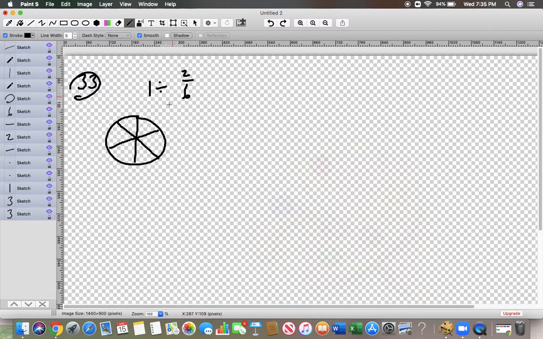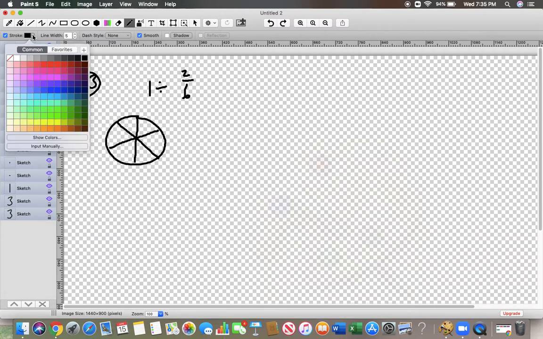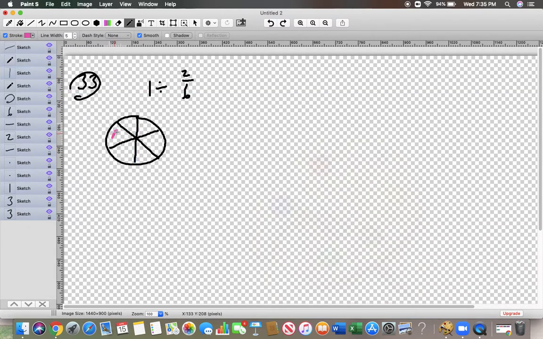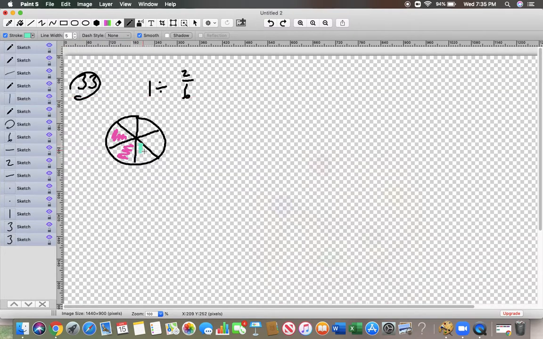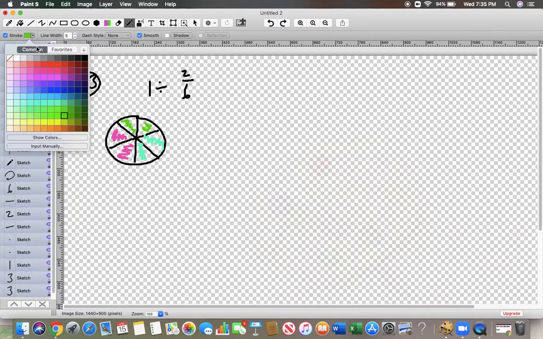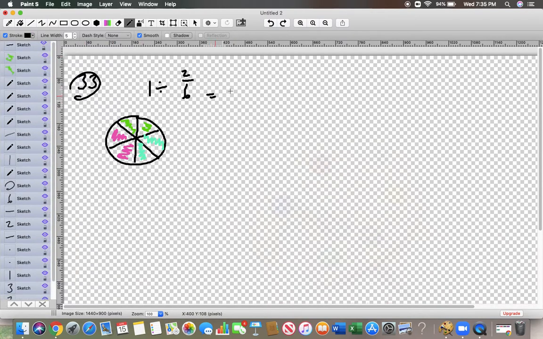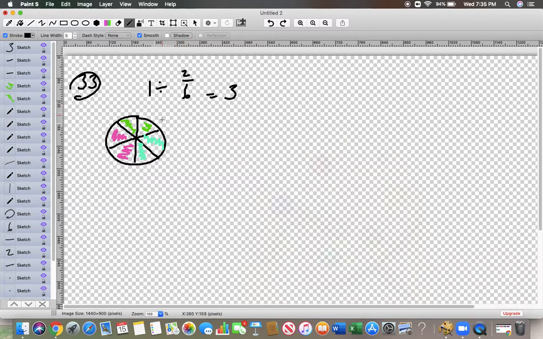So how many sets of 2/6 are in one whole? There's one set of 2/6. Here's another set of 2/6, and then lastly I've got another set. So how many sets was that? That was 3 sets of 2/6 in one whole.